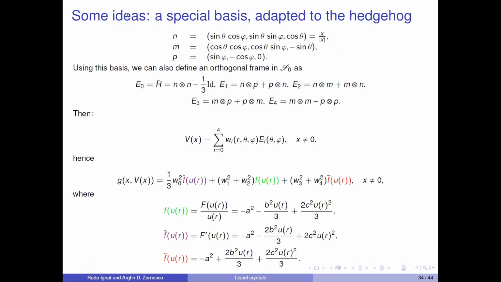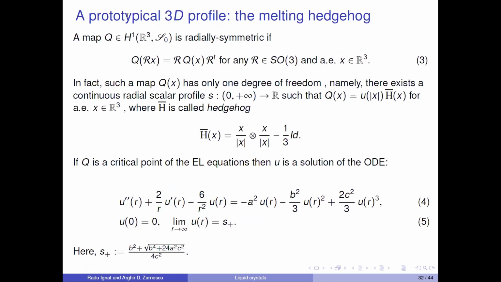And quick question, Arghir. Could you say a little bit about the concept of melting there? Yeah, melting. Okay, so let me say what the melting thing is here. This is what is called a hedgehog, X over mod X. This has a singularity at zero, because at zero there will be things approaching from different directions.